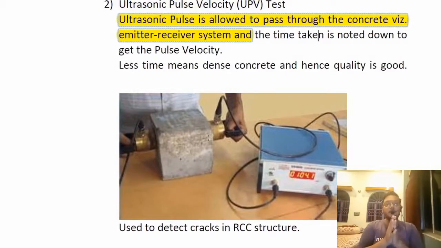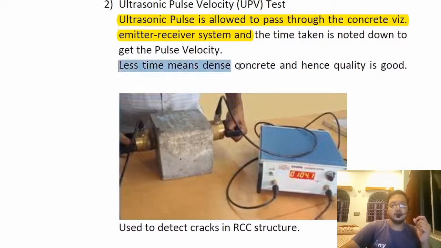There will be a certain amount of time taken by this pulse, and if we know the velocity of the pulse, we can get an idea about how good the quality of this concrete is. So less time means dense concrete, and hence the quality is good. Just note one thing: if the time taken is very less, then we can say that this concrete is very dense and of good quality.